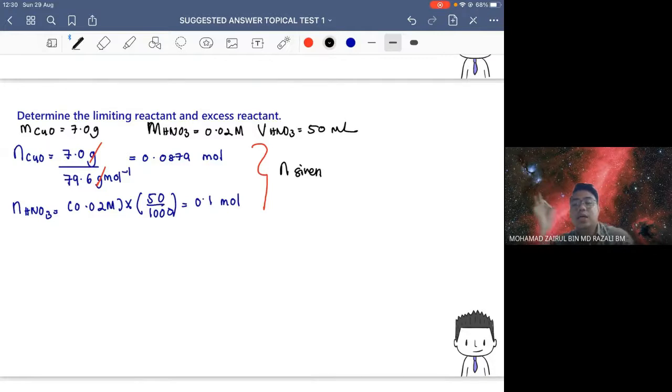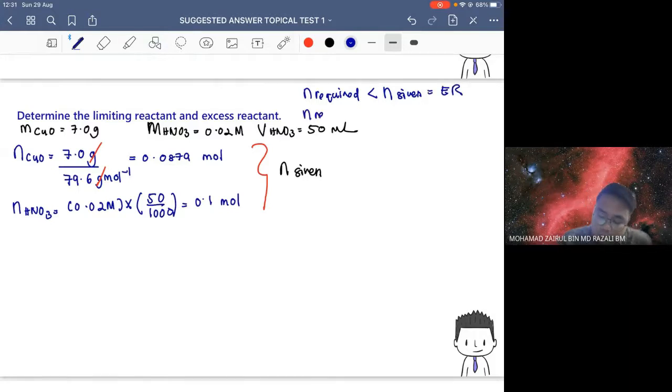Okay, so nak cari limiting reactant, awak kena compare mole required and mole given. Okay, kalau mole required value dia lagi rendah daripada mole given, maknanya yang awak perlukan lagi rendah daripada awak ada, dia adalah excess reactant.